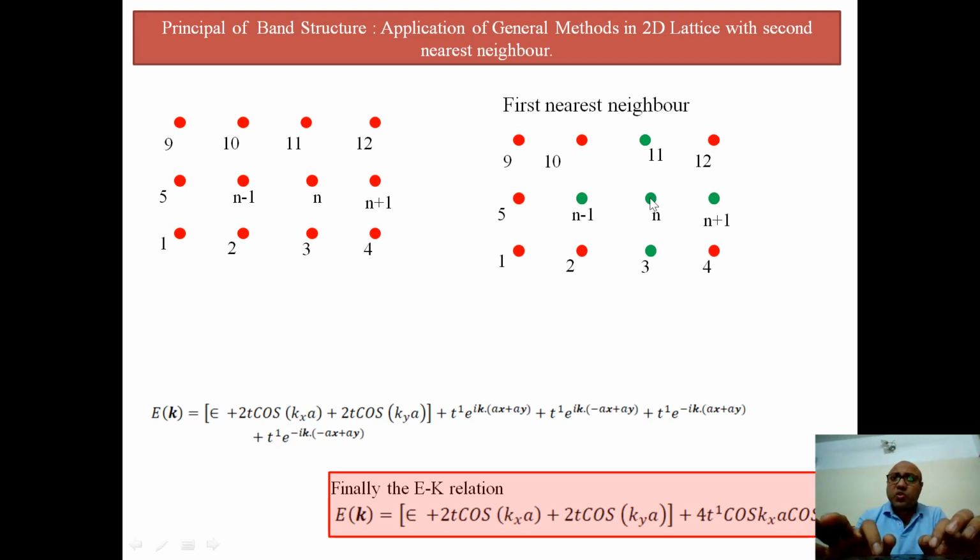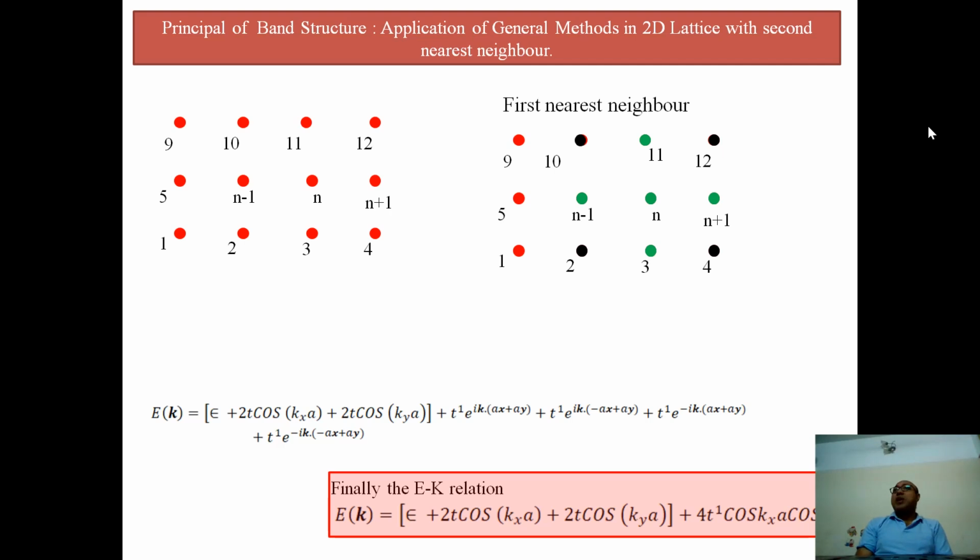So we really don't need to consider them. But the moment you have a two-dimensional figure, it's not only the first nearest neighbor we have to consider. We may need to consider the second nearest neighbor. Remember the term second nearest neighbor.